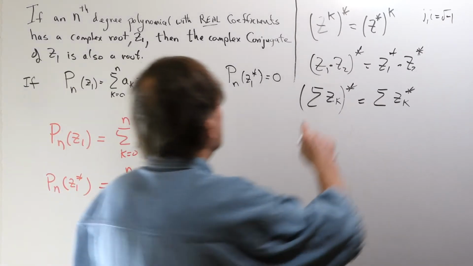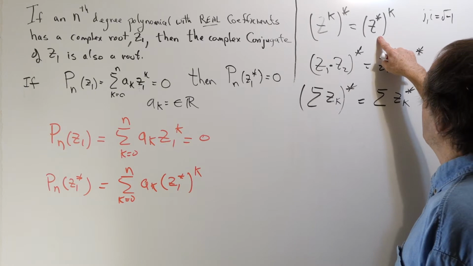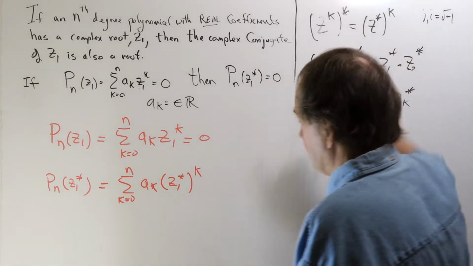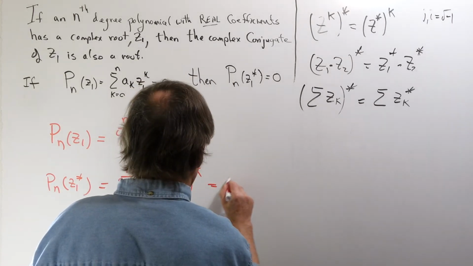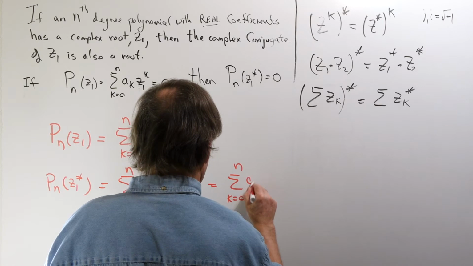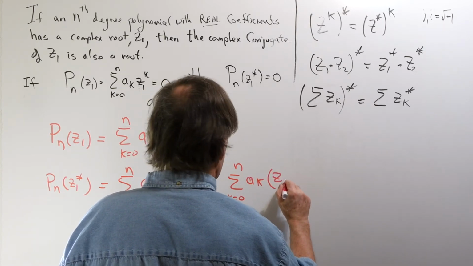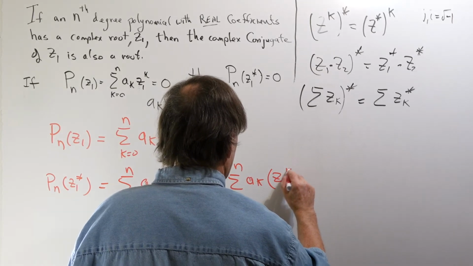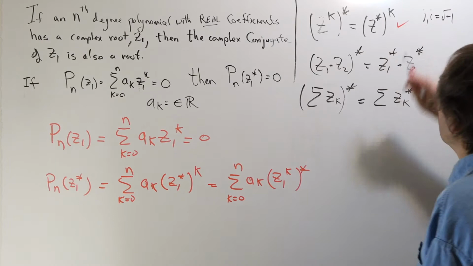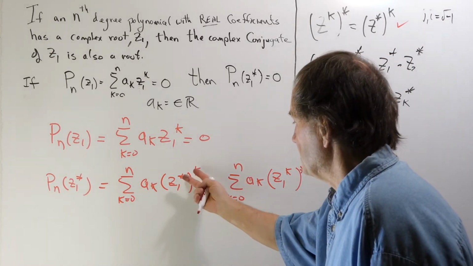Now from this property here, z1 conjugate to the k, I can write it as z1 to the k conjugated. So we'll write this as a sum, k equals 0 to n of ak times z1 to the k conjugated, just using this property here. I've just interchanged the conjugation and power.